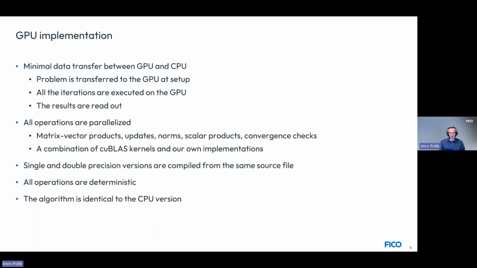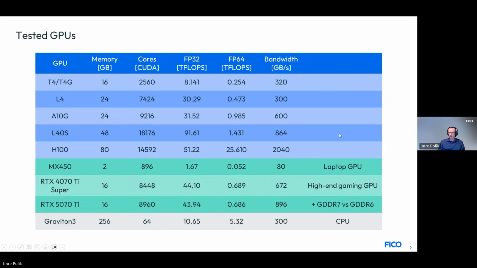Again, because the CPU is probably using a different number of threads than the GPU, it will have a different solution path, but mathematically the two algorithms are equivalent. And in practice, we've observed the same convergence behavior and the same number of iterations to convergence.